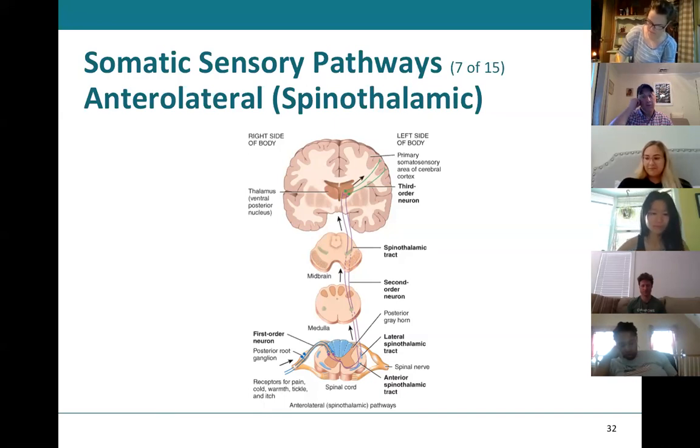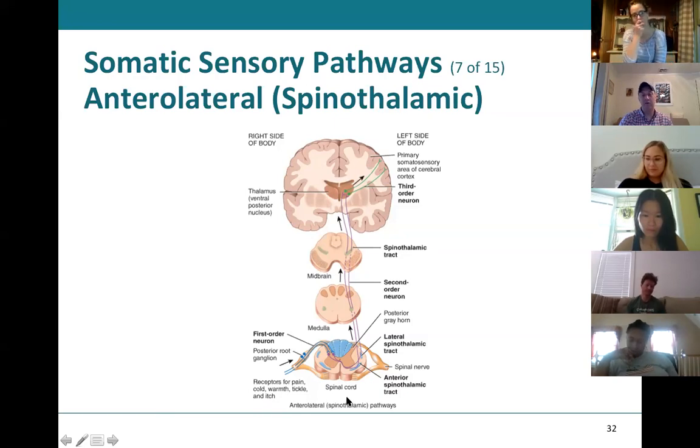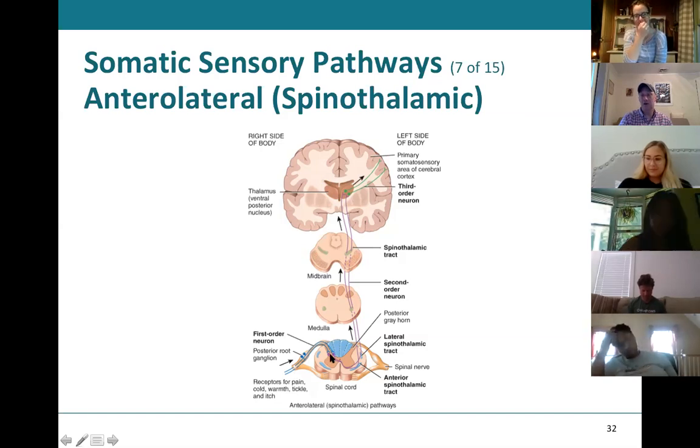So a specific modality or type of information is going to send a unique type of information to your brain. And it's called this pathway because regardless of where you are on the spinal cord, those receptors will collect that information. Notice the decussing occurs here inside the spinal cord.